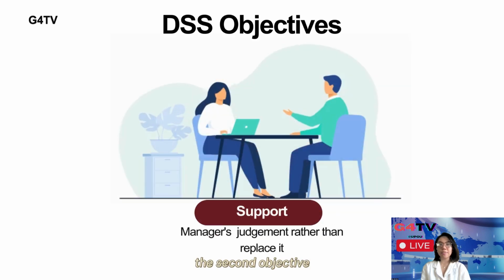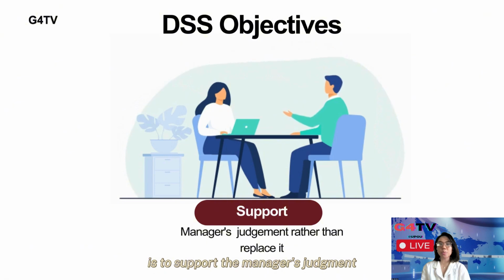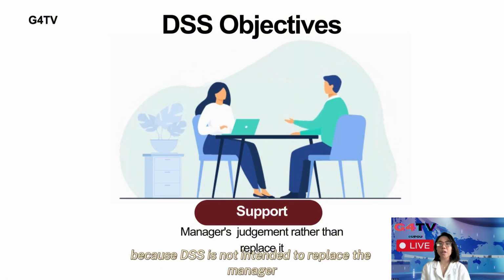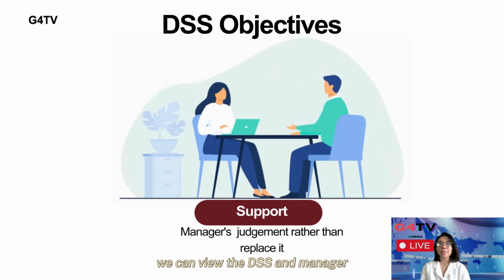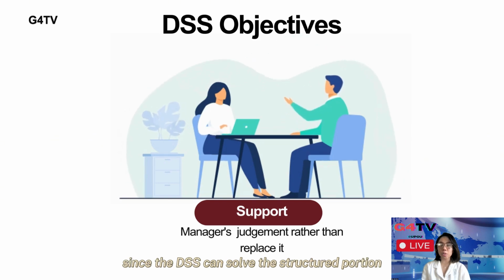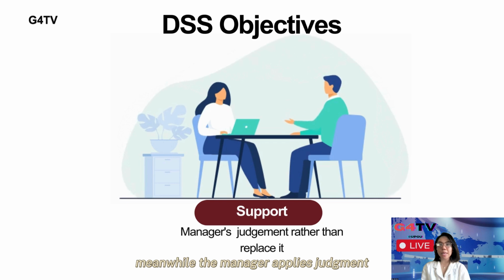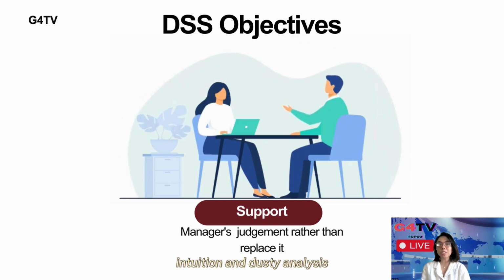The second objective is to support the manager's judgment rather than replace it, because DSS is not intended to replace the manager. We can view the DSS and manager working as a team to solve problems, since the DSS can solve the structured portion. Meanwhile, the manager applies judgment, intuition, and does the analysis.